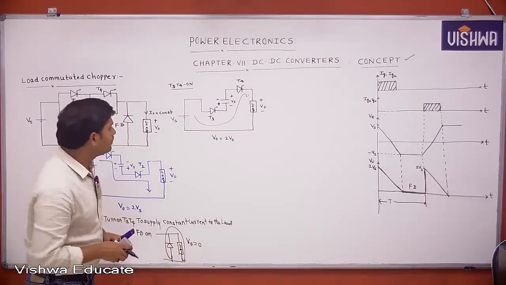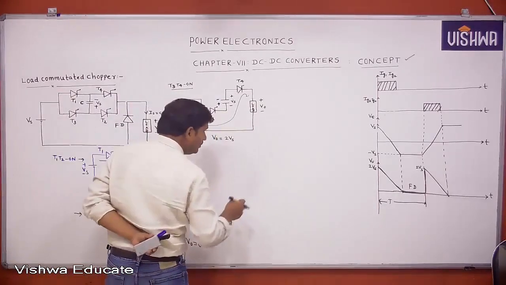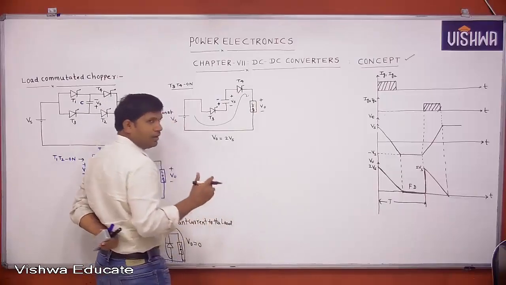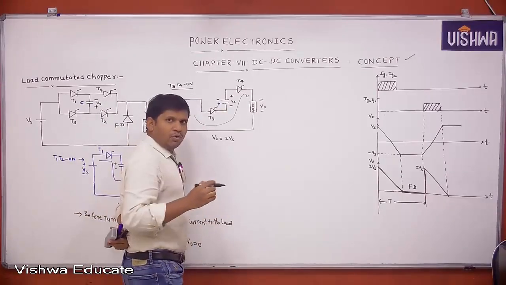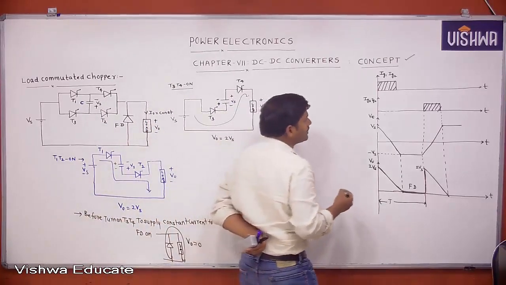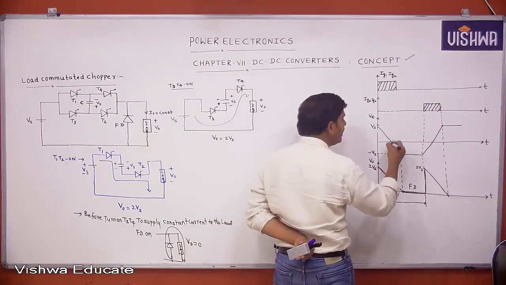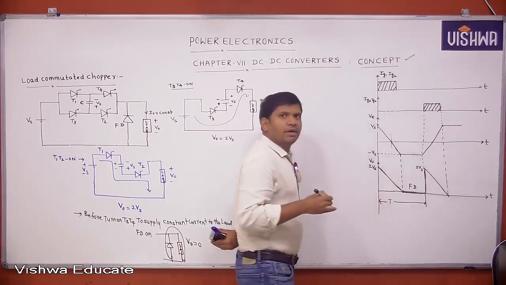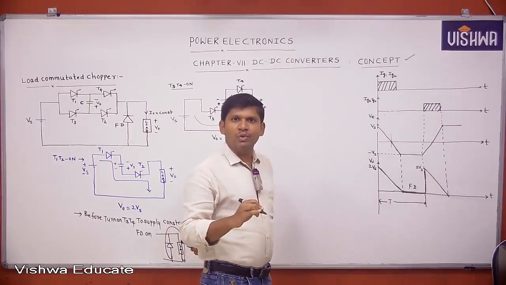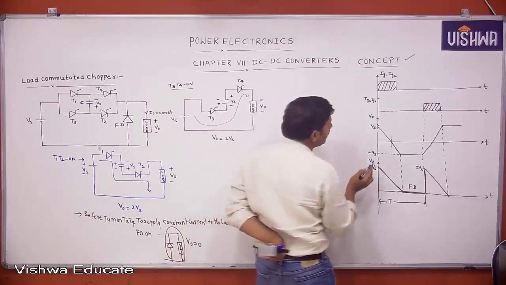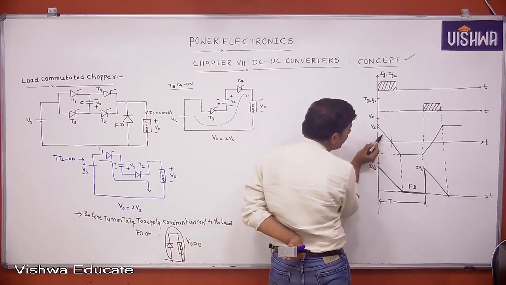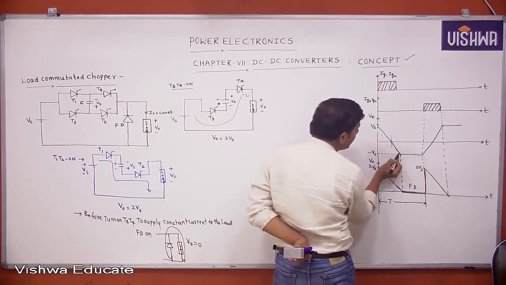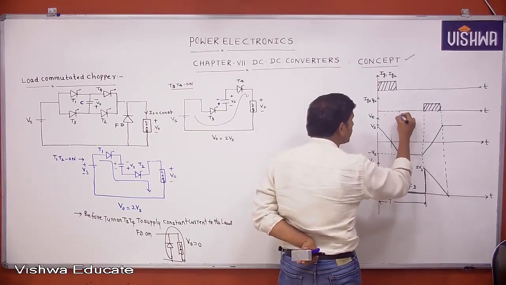Okay. Now, tell me. Here I want to define the circuit turn-off time. The circuit turn-off time is the time for which reverse voltage is applied across the device, either T1, T2 or T3, T4. Here there is positive voltage with respect to T1, T2 and negative voltage with respect to T3, T4.